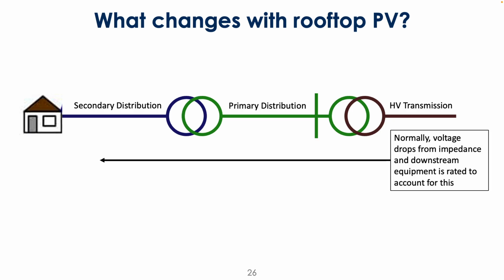Normally we think about electricity flowing down towards the end user, and then you have voltage dropping due to impedance. All the equipment here and here, all the protection stuff, is designed and rated in a particular way to handle what it anticipates the load should be downstream.